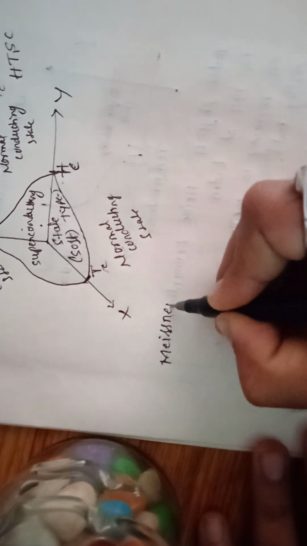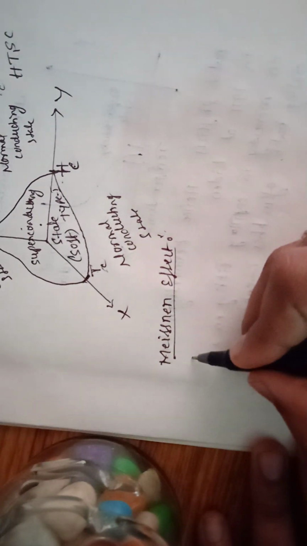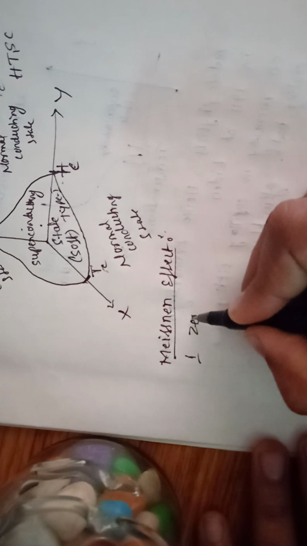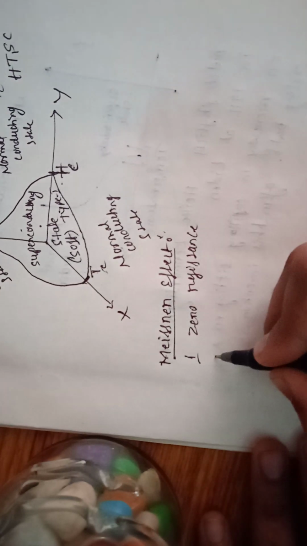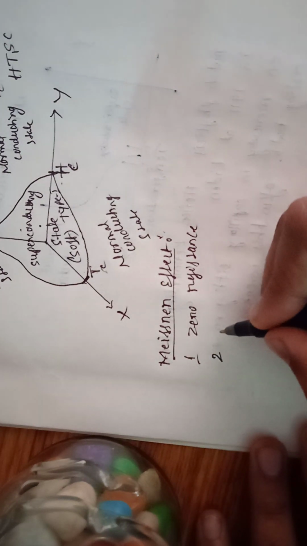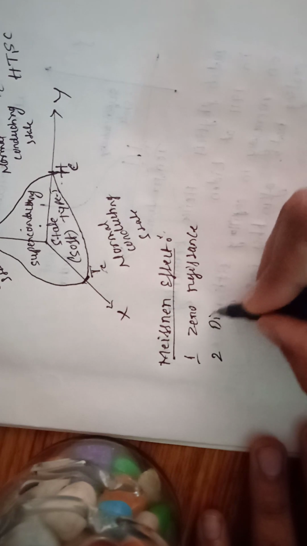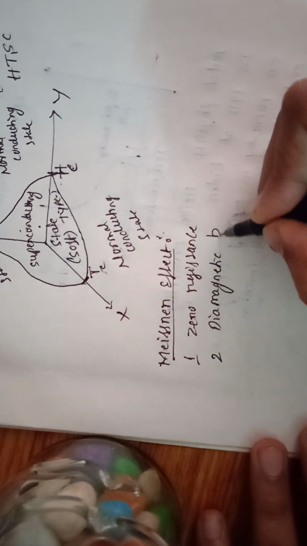Meissner effect. So what is the Meissner effect? This is also one of the important characteristic properties. We can characterize superconductors by one, zero resistance, and another, diamagnetic behavior.